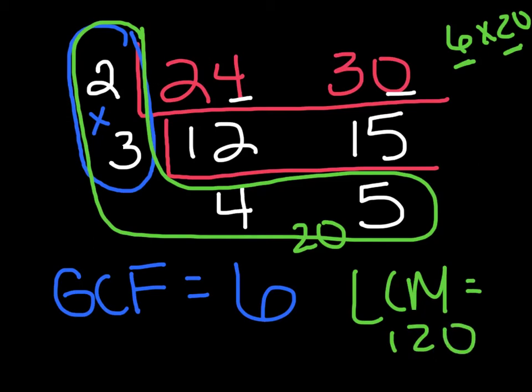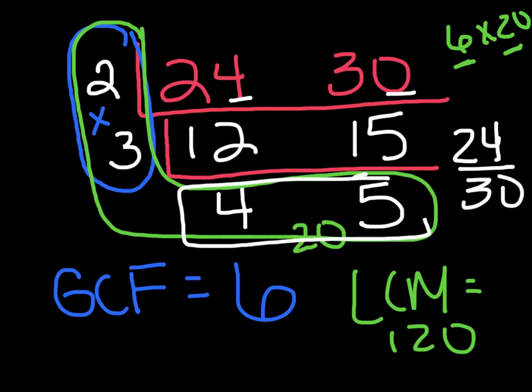So my least common multiple is 120. That may be easier than listing all of these out. And remember that you can always find your simplified fraction by what's left over on the bottom. So if you had the fraction 24/30ths, that would be 4/5.